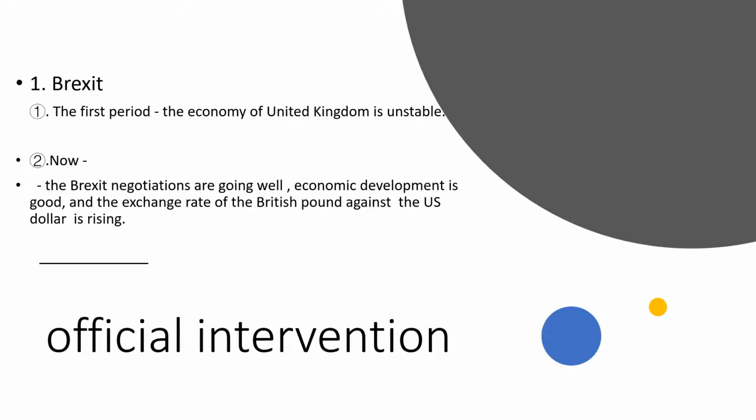The internal affairs of the UK are stable, investors regained confidence, and the economic growth forecast was increased from the original 1.5% to 2%. What's more, the exchange rate of the British pound against the US dollar is rising.